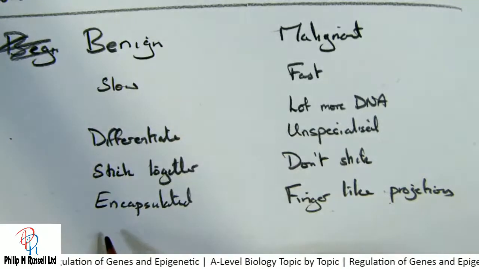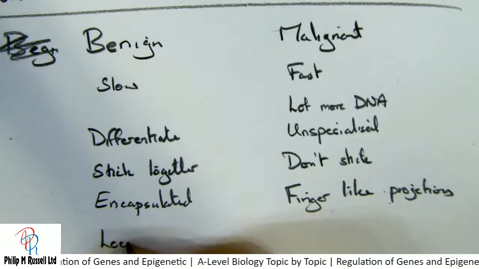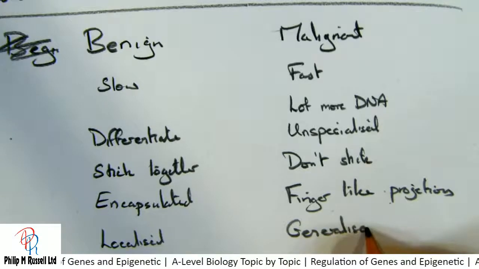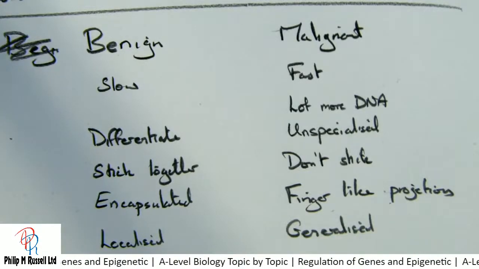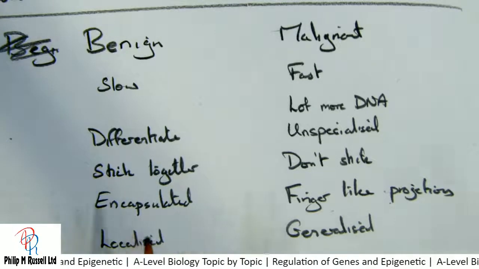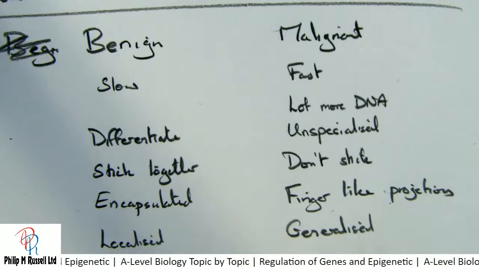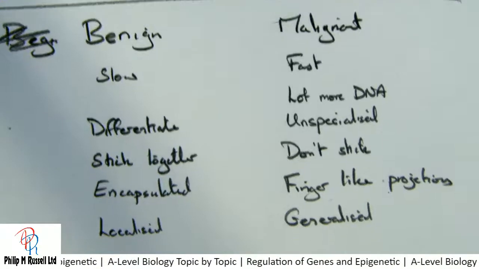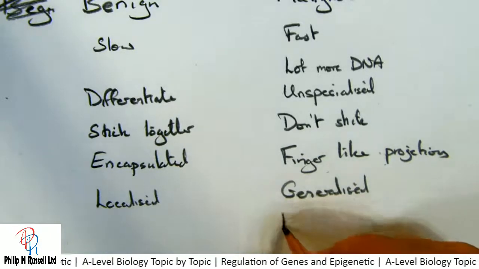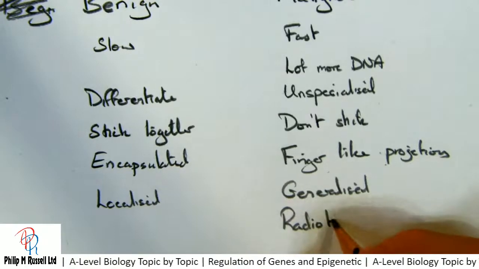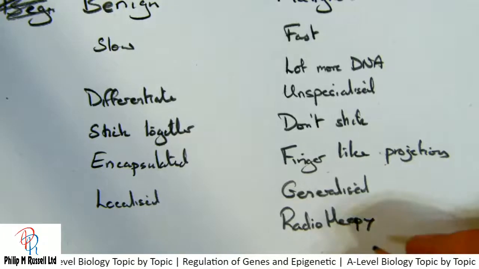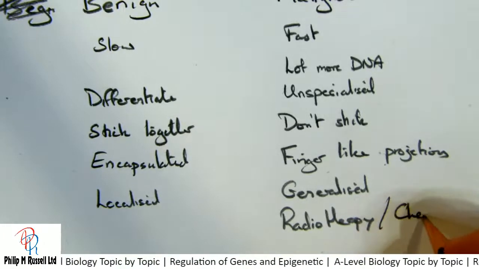With benign tumours they tend to be localised, and these can easily be removed by surgery, but the malignant ones usually involve some other treatment here as well, and we're looking at, for some of these, radiotherapy or chemotherapy, or both.